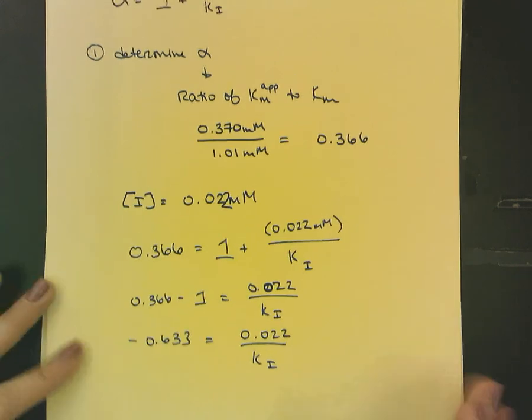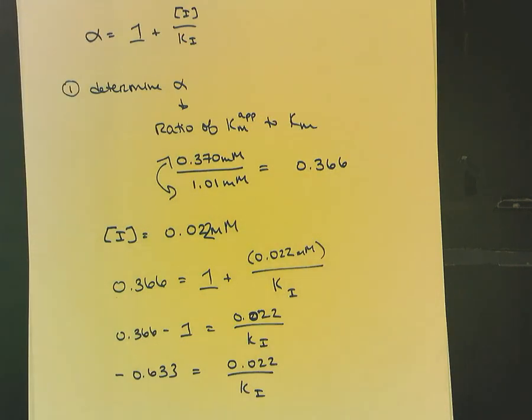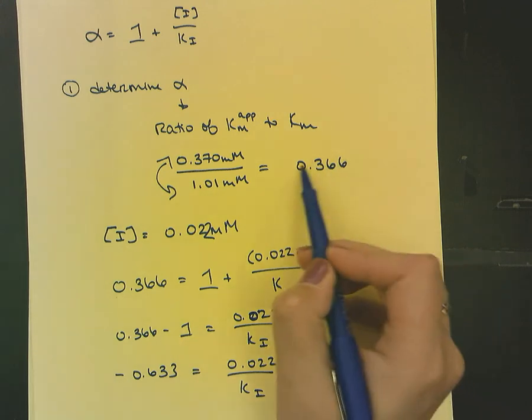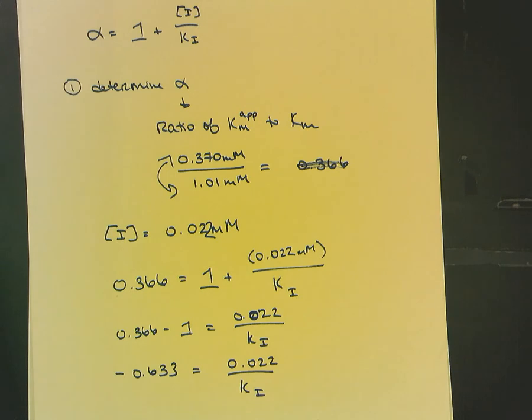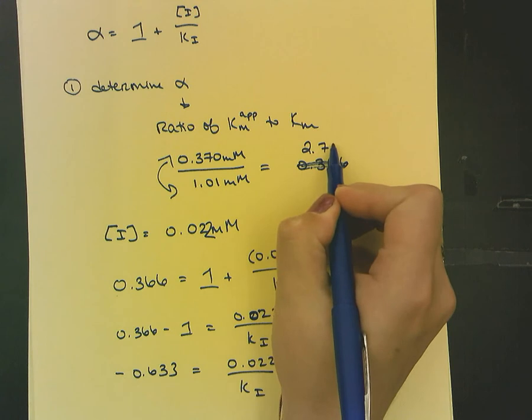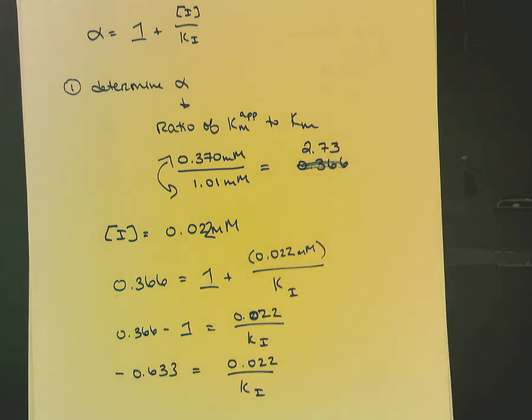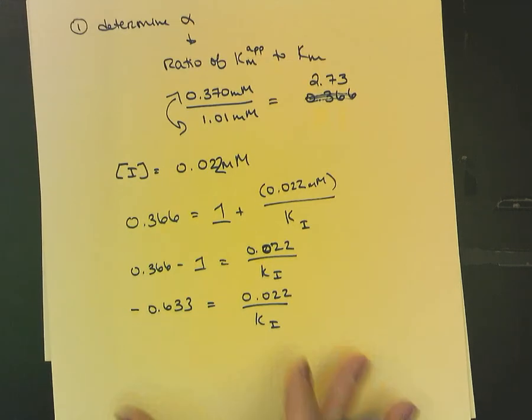I know what went wrong. I got these reversed. Alpha value is 1 if there's no inhibitor, so it can't be less than 1. I got this flipped upside down. It's supposed to be the Km over there? Yep, that's what I got wrong. That makes more sense. That's not possible, which is why I was getting a crazy subtraction over here.